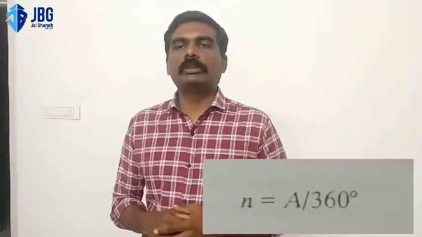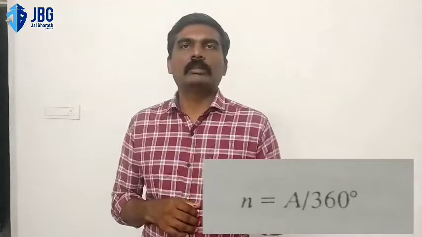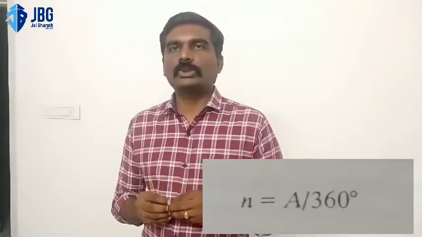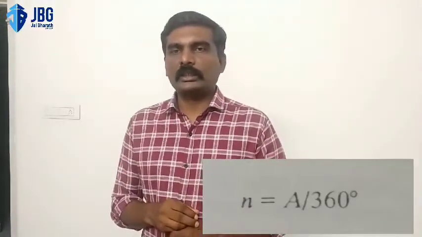So there is a relation between stepper resolution and step angle, that is n equal to 360 degree divided by a, where n is the resolution and a is the stepping angle. So we can divide the 360 degree rotation into different angles.